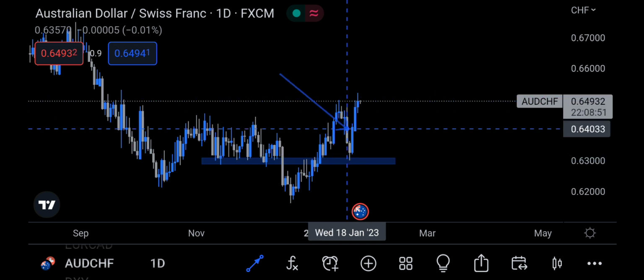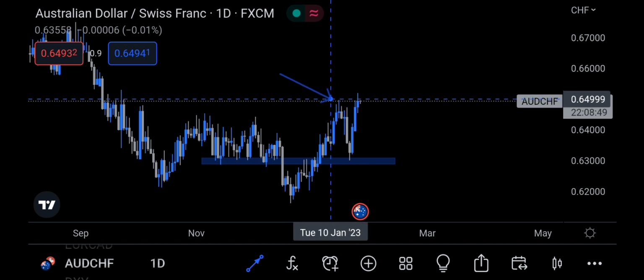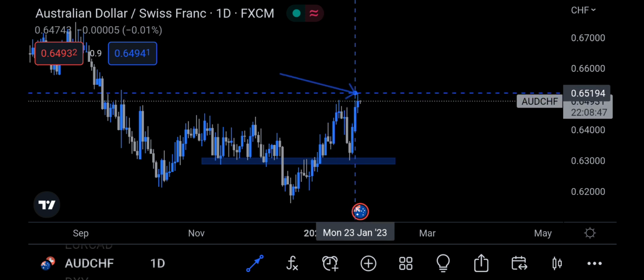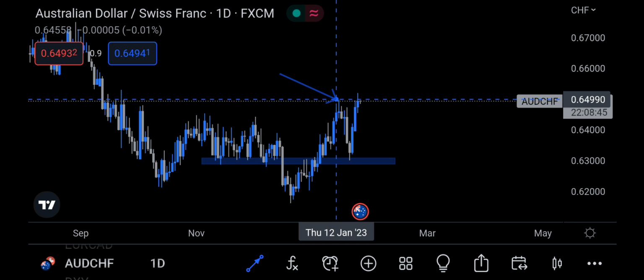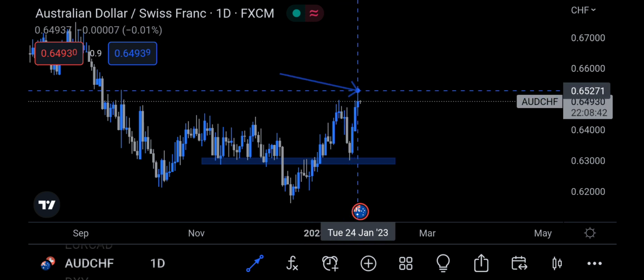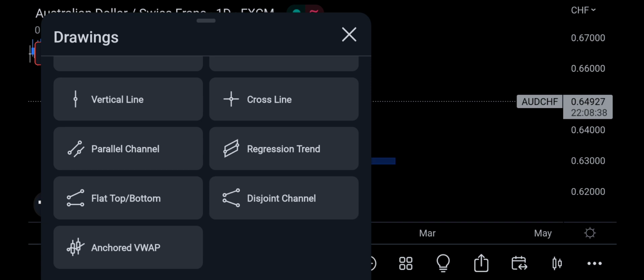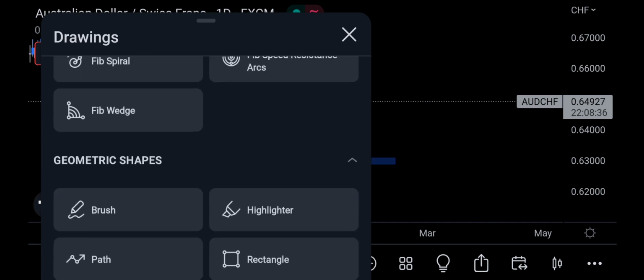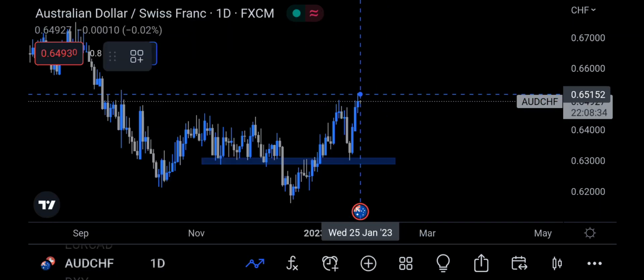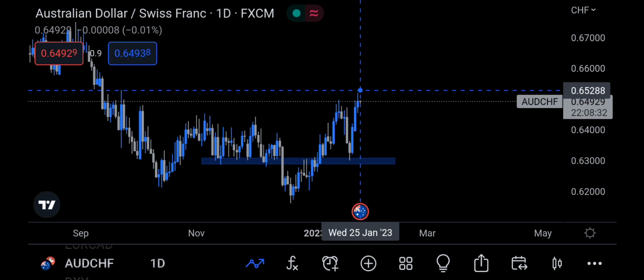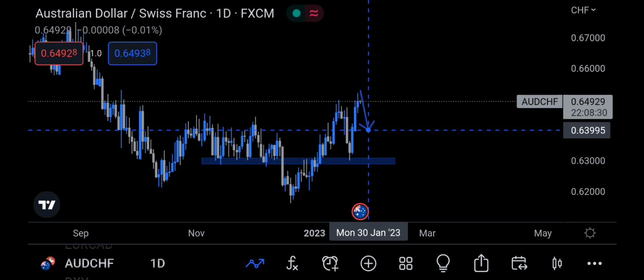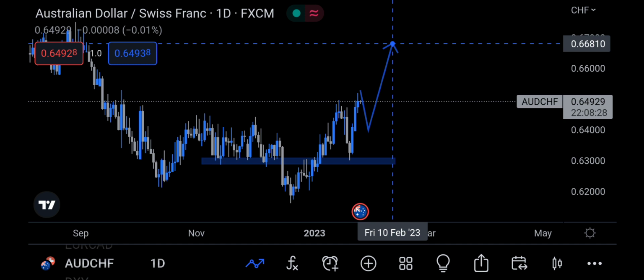Since we've gotten another higher high in the market, taking out these highs, we should expect the market to give us a higher low, something of this nature, then we'll continue to the upside. So this is what we should be expecting in the daily time frame.